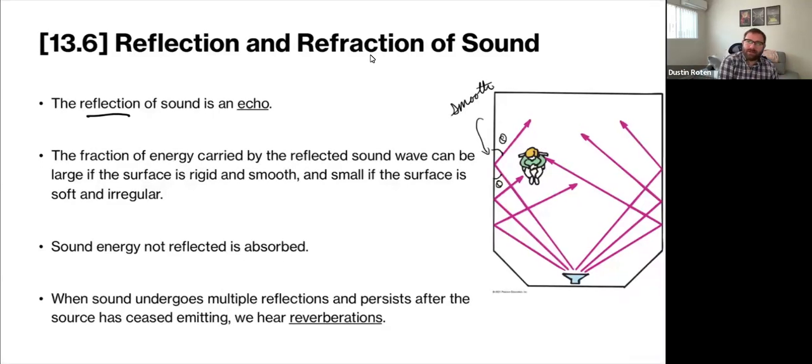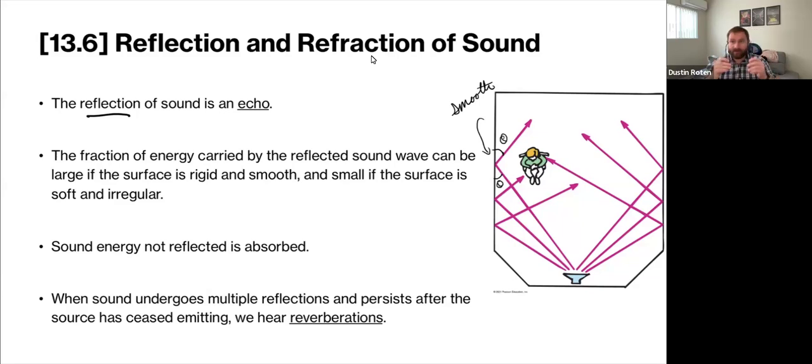So there's a bit of geometry in constructing speakers and sound systems and things like that, because you have to take into account the geometry as sound gets propagated from the speaker. Of course, if it doesn't get reflected, all that energy does get absorbed by whatever your soft or smooth surface is.